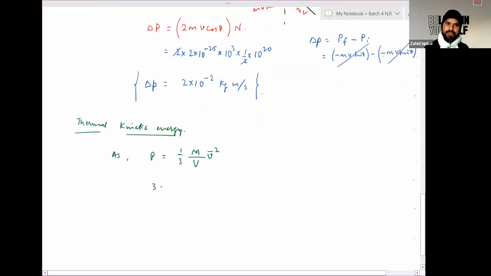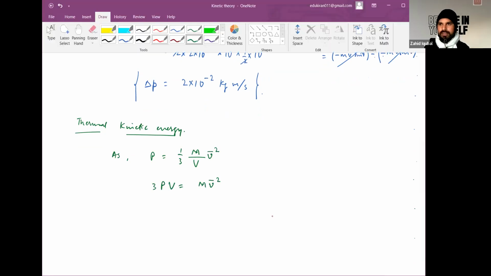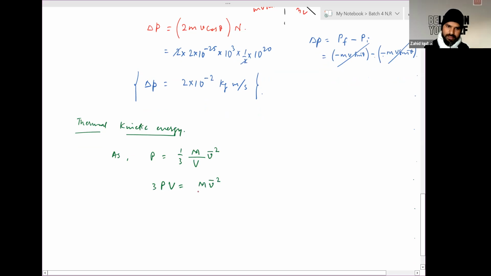So it will become 3 times PV equals mv squared. To get kinetic energy, we must have the expression half mv squared. So just multiply this expression by half and similarly along this part by half. So this quantity now becomes kinetic energy. So it will be equal to 3 by 2 times P into V.